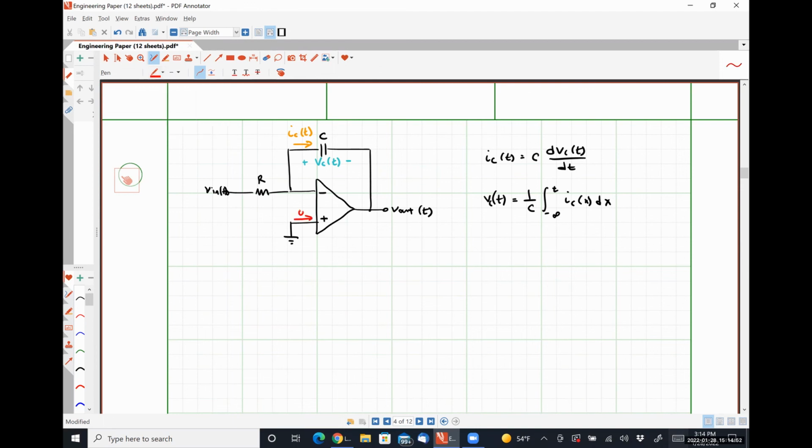No current can flow into either of our input terminals. The voltage present at the non-inverting input terminal must be 0 volts. And from this, the voltage present at the inverting input terminal has to be 0 volts.